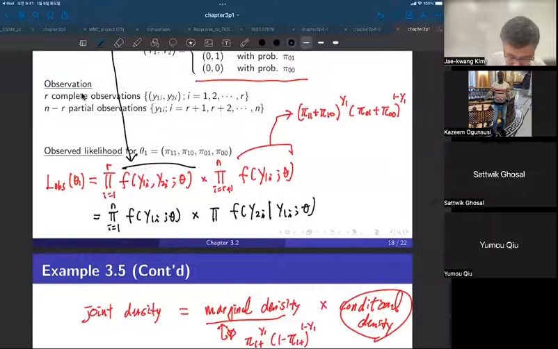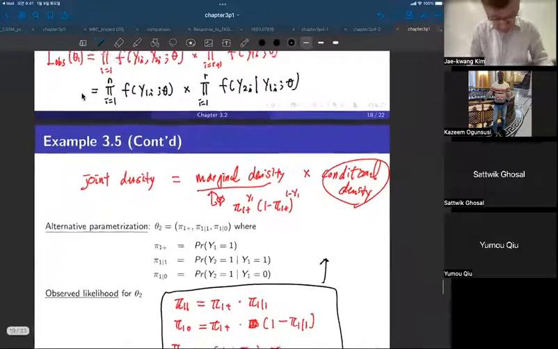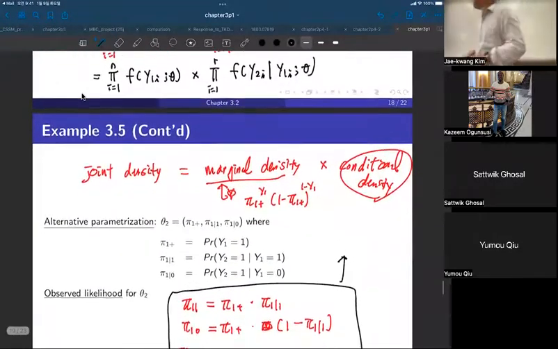The correct answer should be i equal to 1 to r. If you can accept this argument, then we can see this parameter has only to do with pi1 plus. So in terms of this parameterization, what matters here is pi1 plus only.